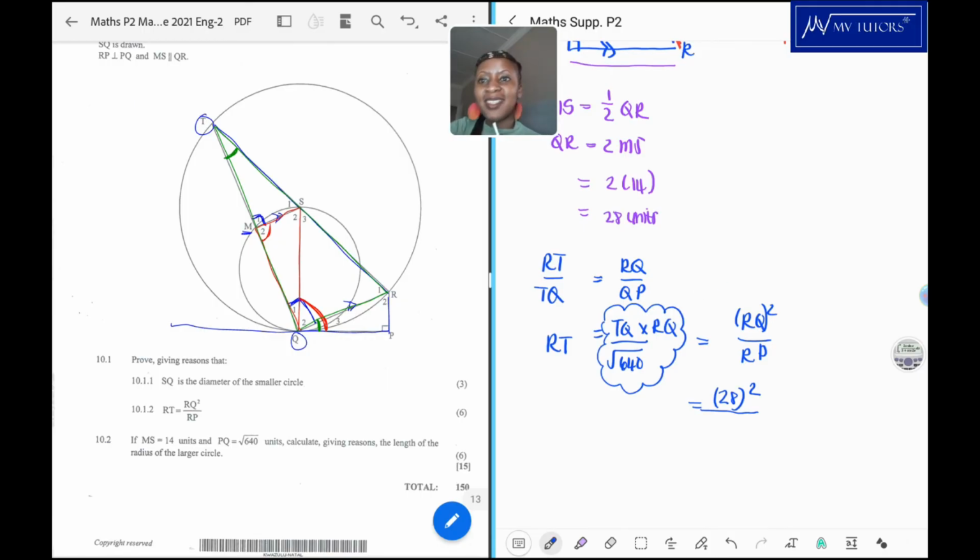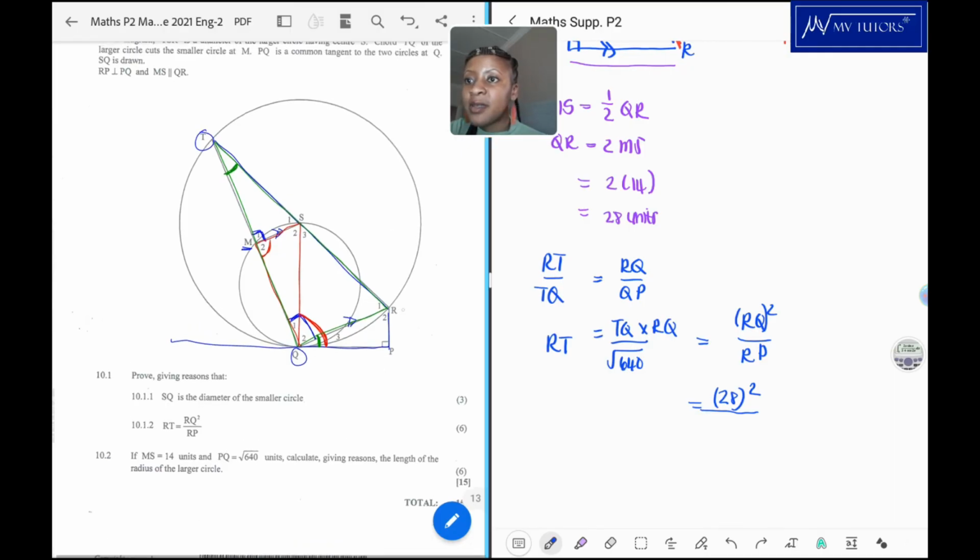No, I still need that. I think we can equate RP to QP in this case, can't we? Where's RP? This is RP, and QP is that one.